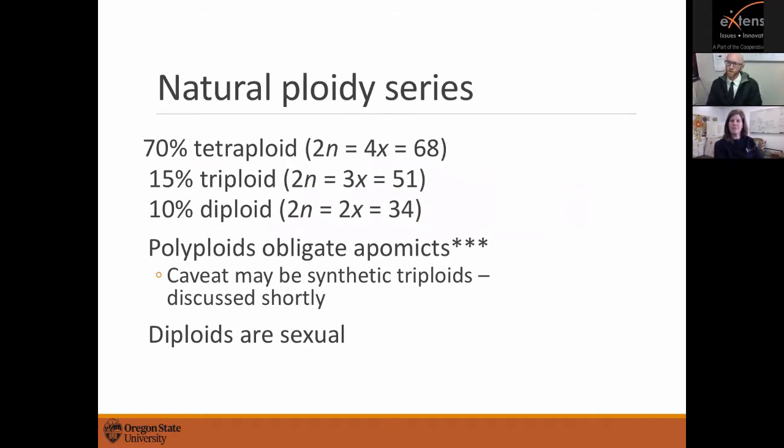And the polyploids, according to the literature, are obligate apomicts. I'll discuss that in just a moment. But the caveat, we've developed some synthetic triploids that I'll talk about in a little bit. But lucky for us as breeders, apomixis is not good for breeding, but the diploids are sexual. So we have to identify diploid species that we can use as female parents.